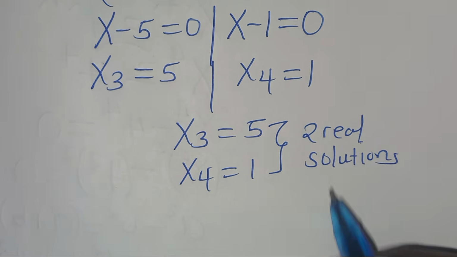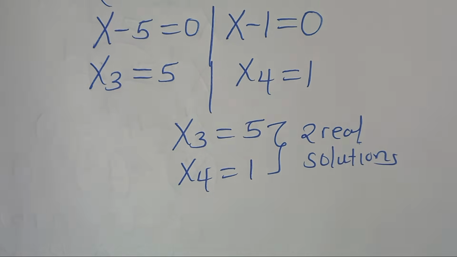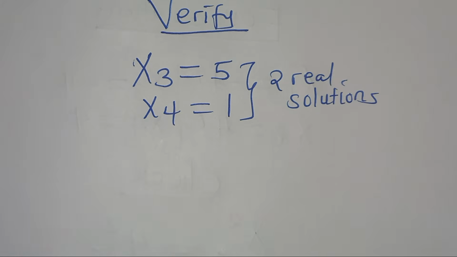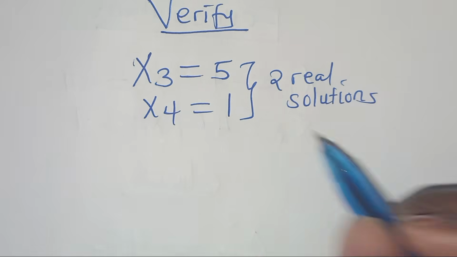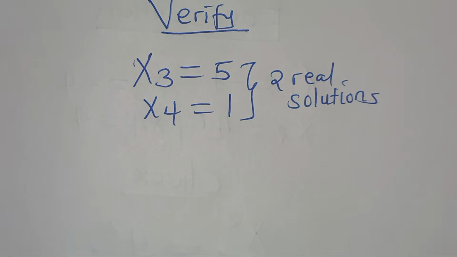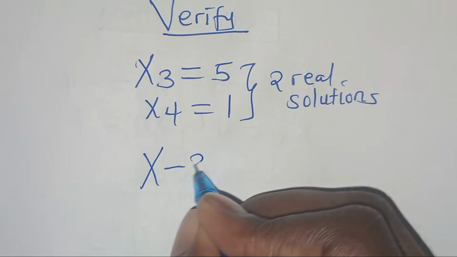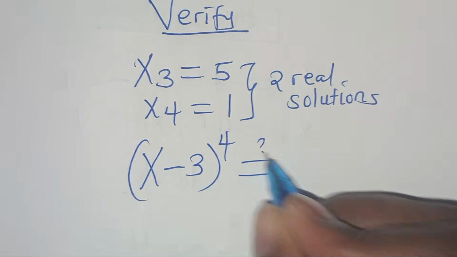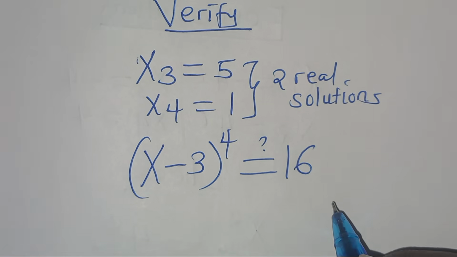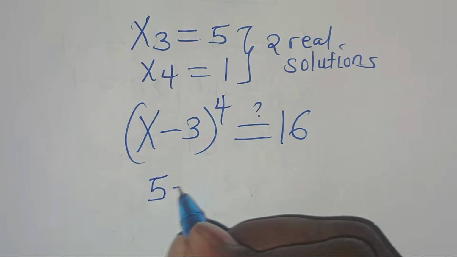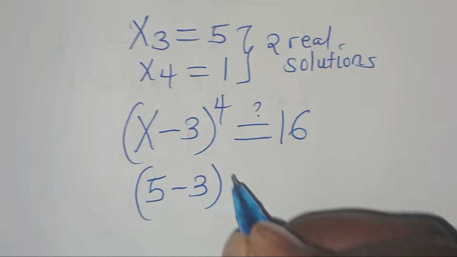Now let's verify that these two real solutions satisfy the equation. If you recall, we have (x subtract 3) raised to the power of 4, which is supposed to give us a value of 16. Let's start with x3, which is 5. So we have (5 subtract 3) raised to the power of 4.